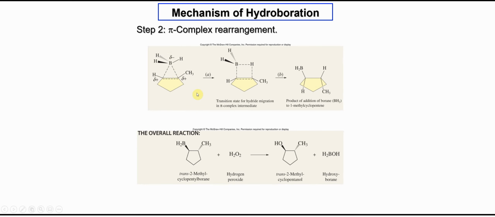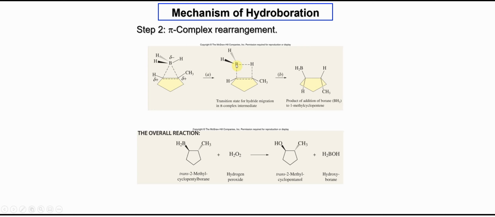It is going to be subjected to a pi complex rearrangement from a 3-membered ring to a 4-membered ring. Which bond is going to be involved in your organoborane? This boron hydrogen bond will be involved in this rearrangement.